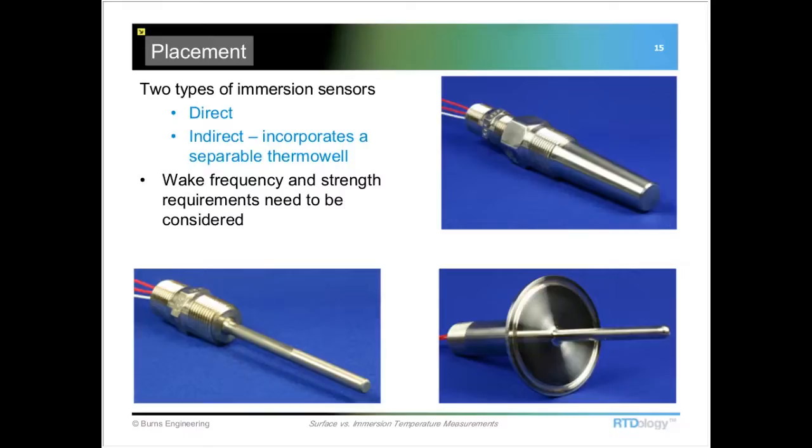But if you can mediate those kinds of error sources, it really is a good idea to go to the most accurate sensor design. You might want to consider a 4-wire sensor if you have a long lead wire run over to your control system or a transmitter.